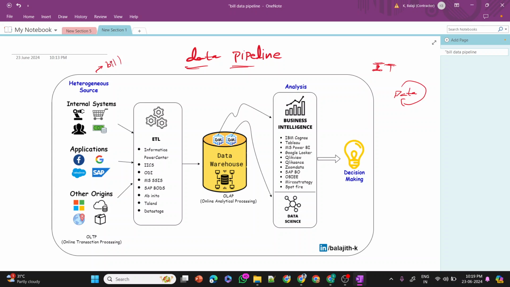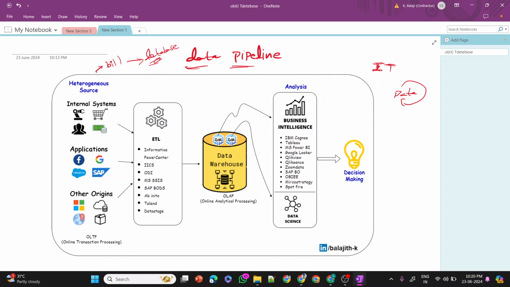Every customer bill is stored in a database. After a customer buys the product, a bill is generated and the bill data is sent to a database to be stored for further usage.